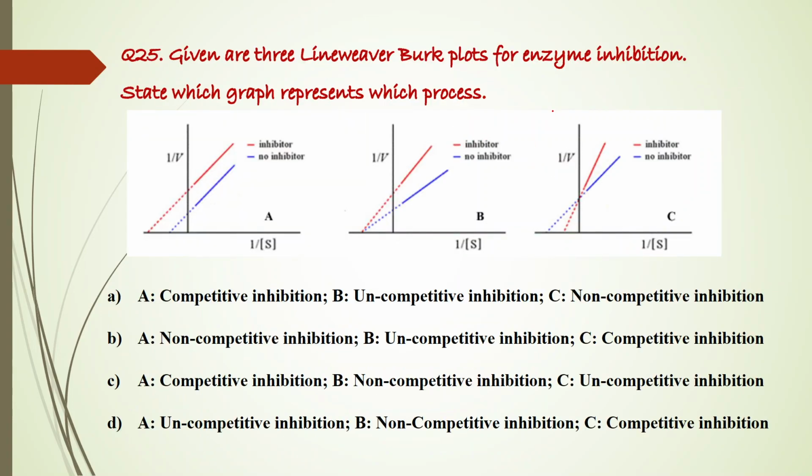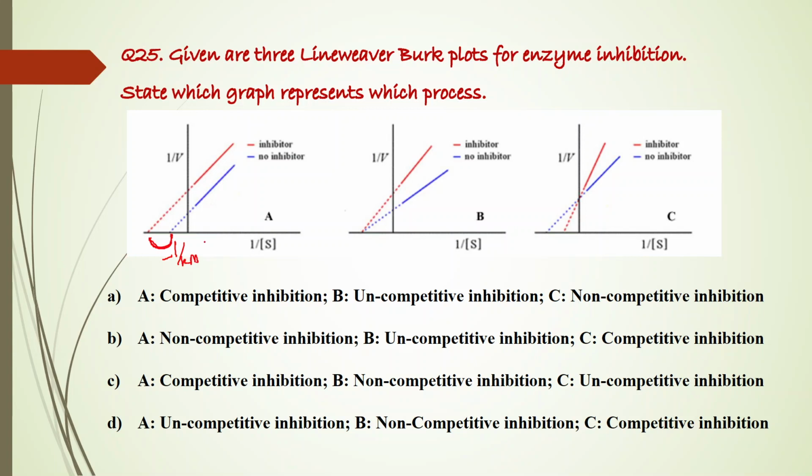Fine. Again, this is a very easy one. Given the Lineweaver plots of enzyme inhibition, state which graph represents which process. So obviously starting from this one, what kind of process is this? We can already see that the Km value, this slope is minus 1 by Km.